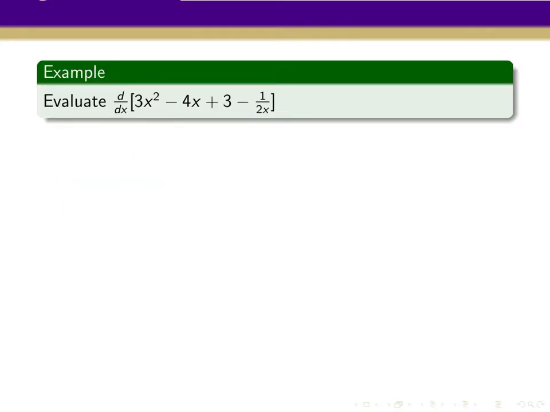Okay, so let's close this out with one example. So we've got a bunch of things added together, and then we're taking the derivative of it. Well, from the derivative rules we saw before, we can just break this up and take the derivative of each of these individually.